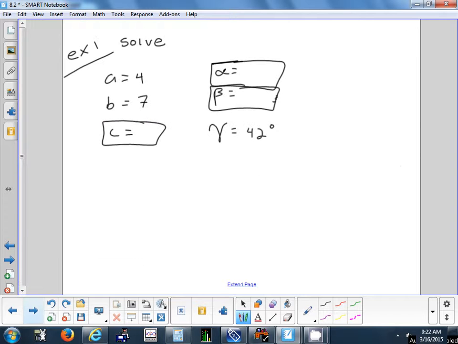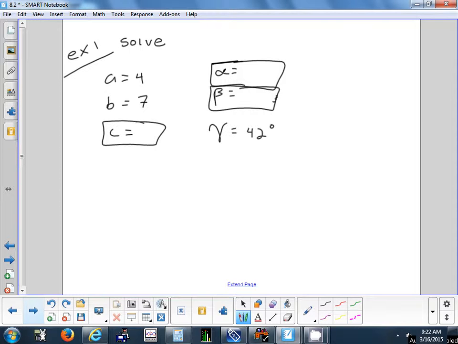So let's try a few problems, see what we can do. In this case, they told us a is 4, b is 7, and gamma is 42.